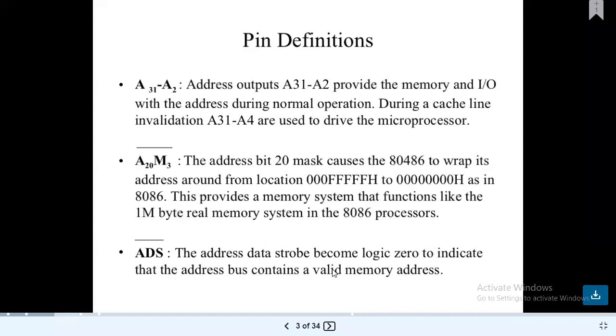So here we have to use ADS, in the sense, what? It's the address data strobe. So the address data strobe becomes logic 0 to indicate that the address bus contains a valid memory address. If the bus is containing a 0, it means that it is containing a valid memory address.